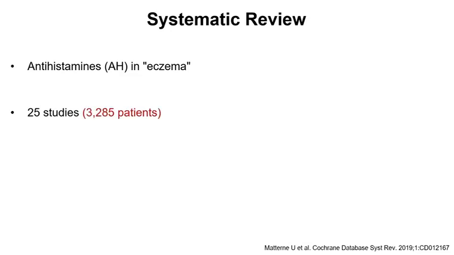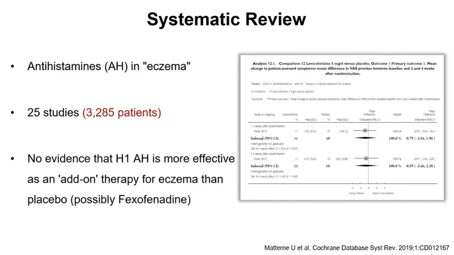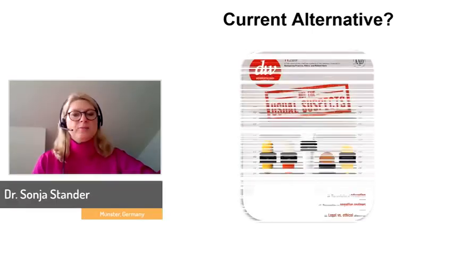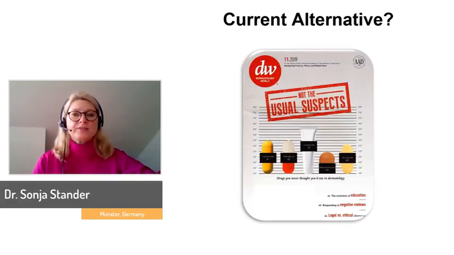And this was also documented in a systematic review. This was addressed around the indication of eczema, pointing mostly to atopic dermatitis. 25 studies were found, and the authors concluded that there's really no evidence that H1 antihistamines are more effective than other treatments for eczema.